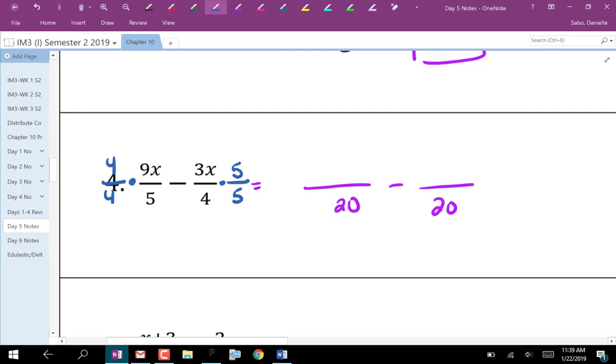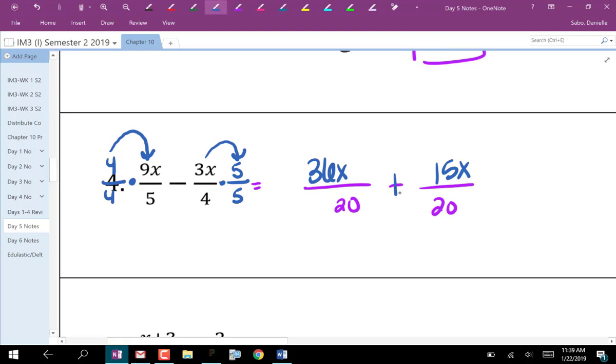Okay. 4 times 9 gets me 36. Very good. 36x. And then I have 3x times 5, which gets me 15x. Very good. Now, these are the same, so we can subtract them. We can subtract 36x minus 15x.